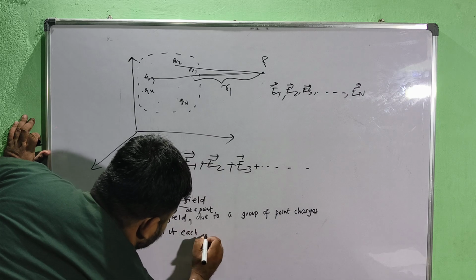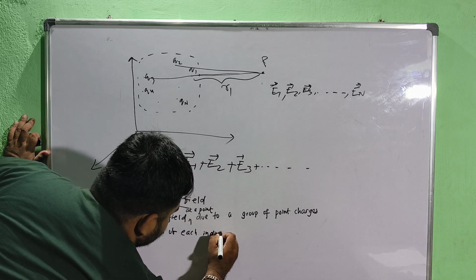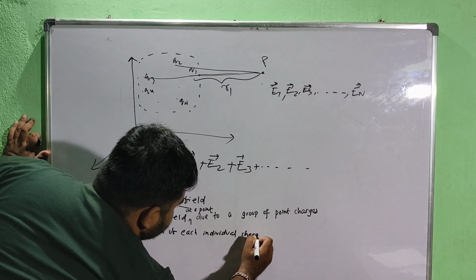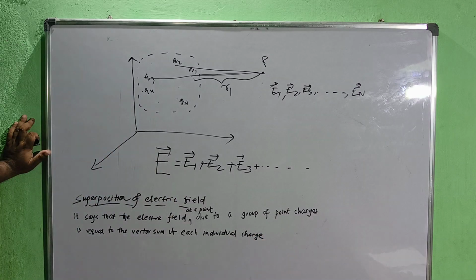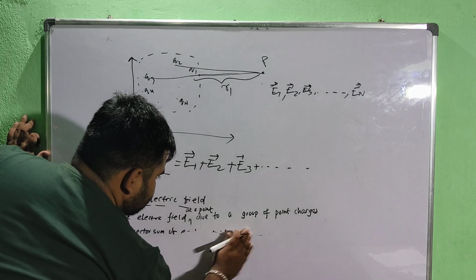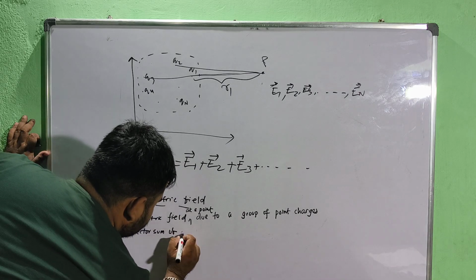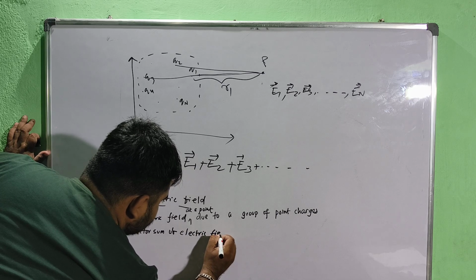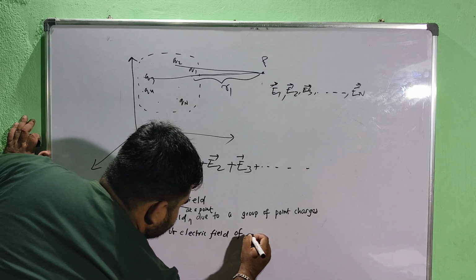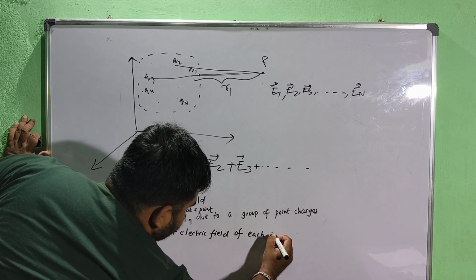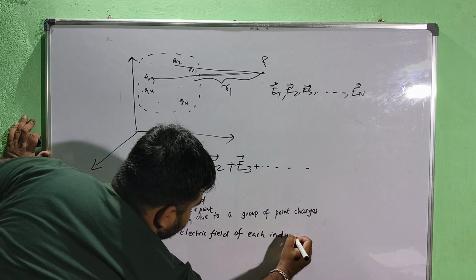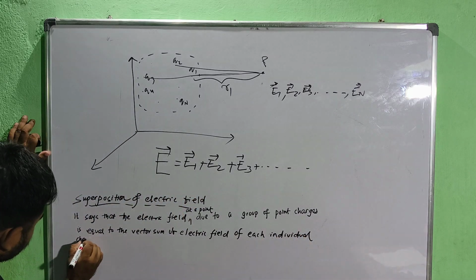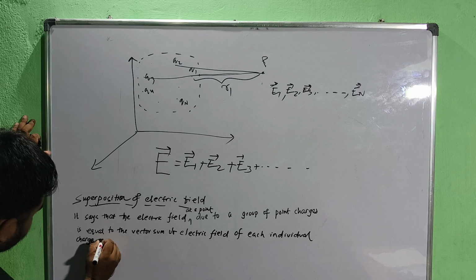of each individual charge, vector sum of electric field, sorry, of electric field of each individual charge at that point.